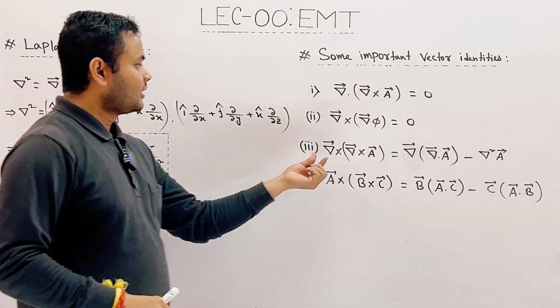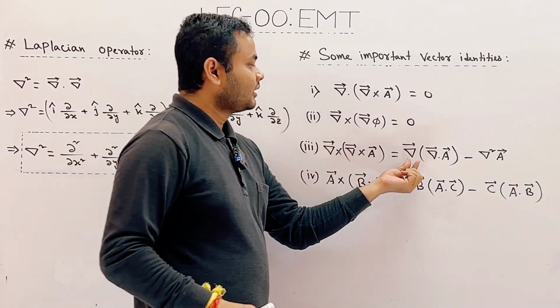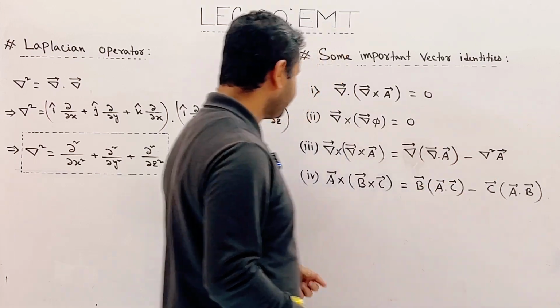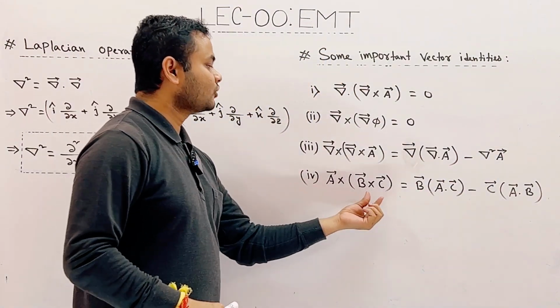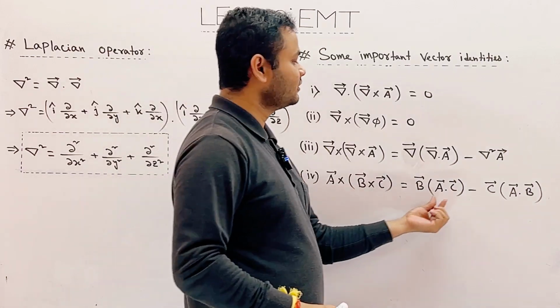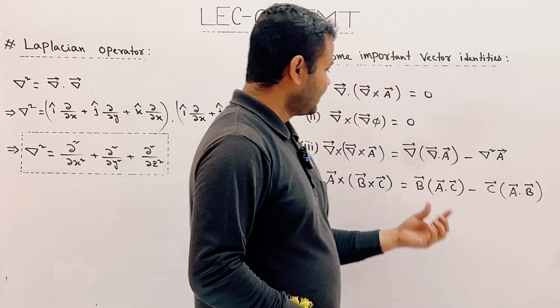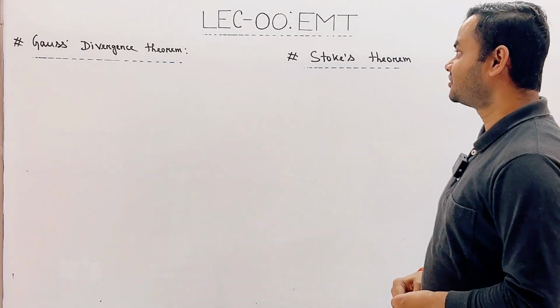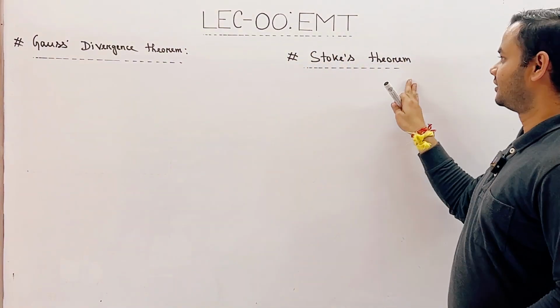Number 3, curl of curl of A is equal to gradient of divergence of A minus del square A. Number 4, A cross (B cross C) is equal to B times (A dot C) minus C times (A dot B). Back cab. Okay? Finally, let me mention Gauss divergence theorem and Stokes theorem.